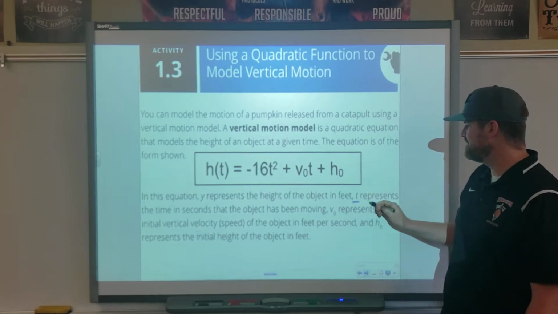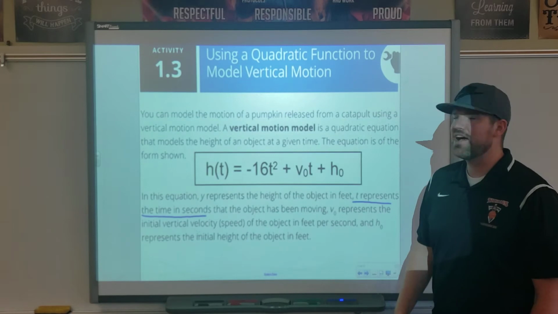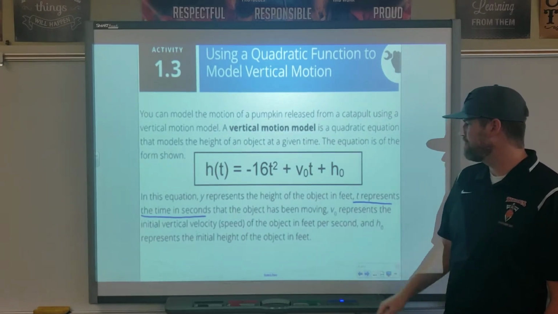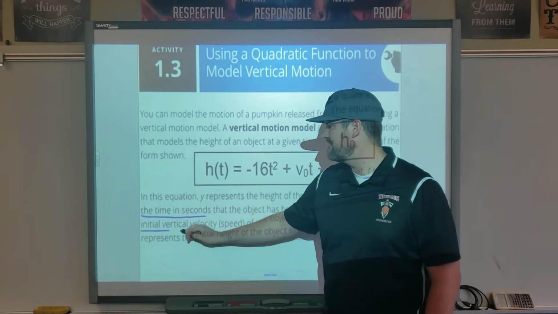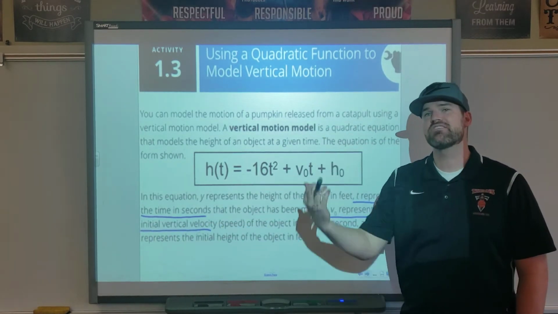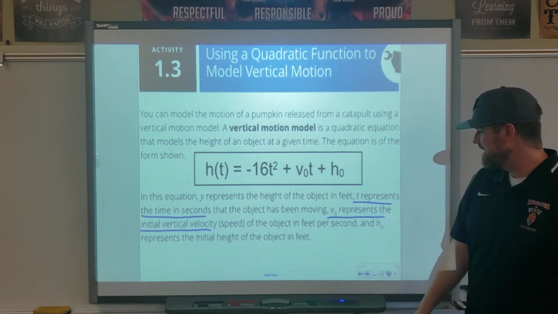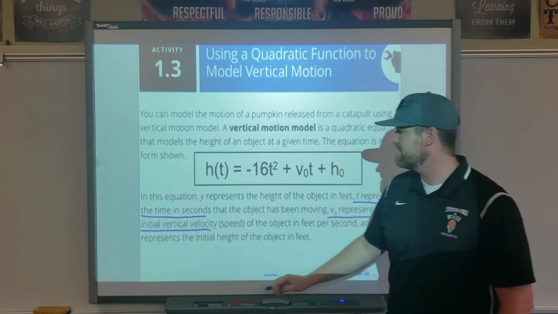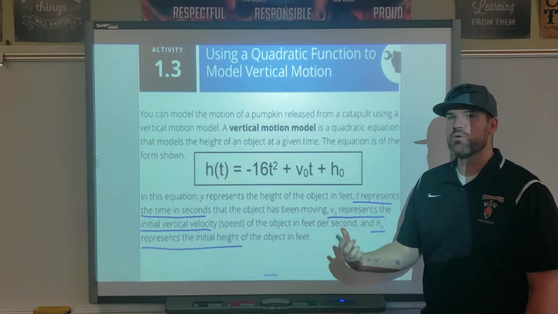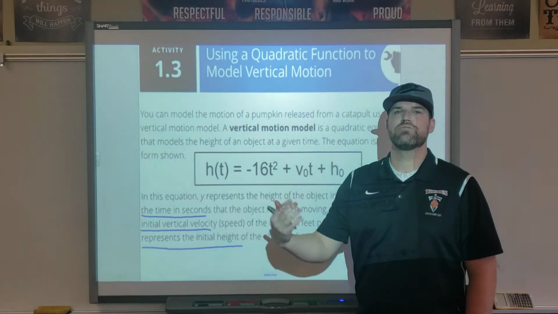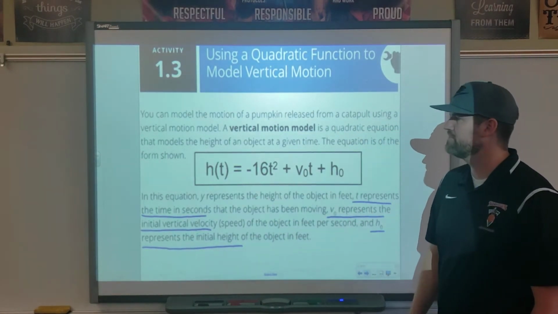The t, as you can imagine, represents the time in seconds, so how long the object has been in flight. V sub 0 represents the initial vertical velocity, so the speed going upward of the object in feet per second. And then the h sub 0 is simply the initial height of the object. So at what height did it get released from, or shot from, or thrown from, depending on the different things we're talking about.